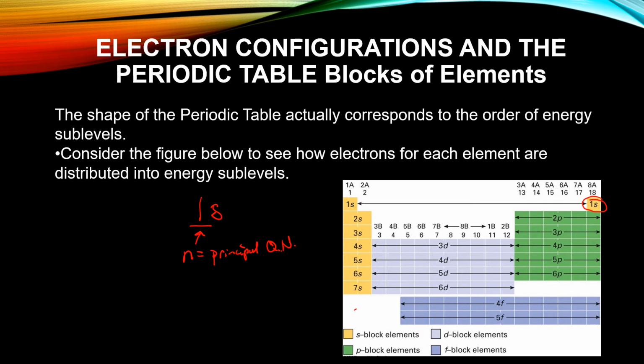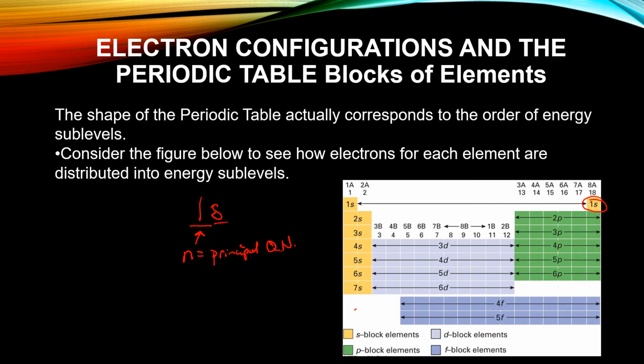And then also we have the nucleus with all those protons in it that have a positive charge that are going to be attracting all of those electrons on the outside, trying to pull them in. So it's kind of a counterbalance between the repulsions and the attractions that are occurring between the protons and the electrons with other electrons. Okay, so I have that principal quantum number here going back with the 1.